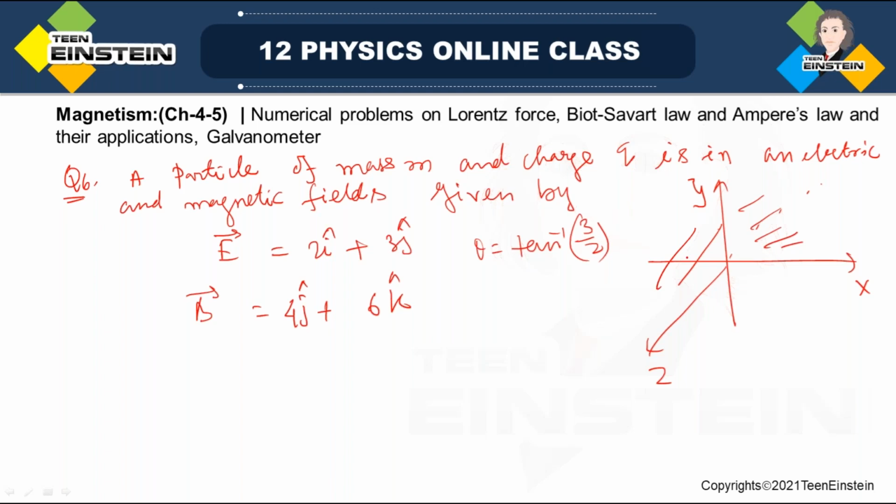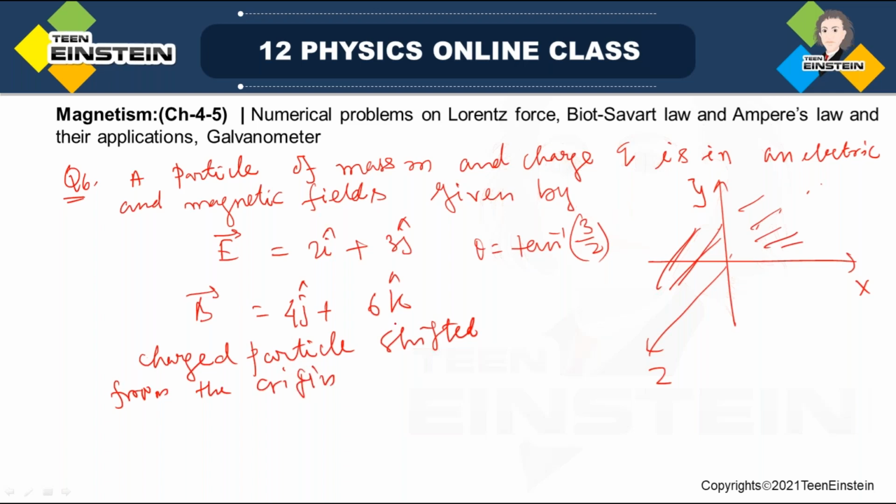Now the question is, the charged particle is moved from the origin to a point given by the coordinates x is equal to 1, y is equal to 1.